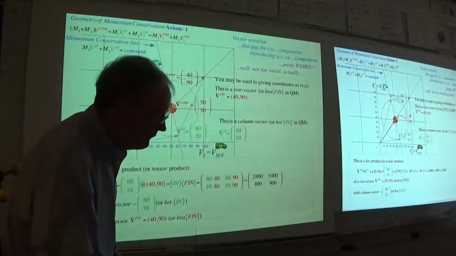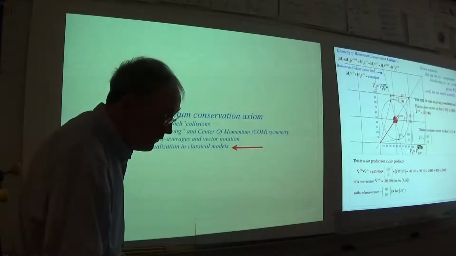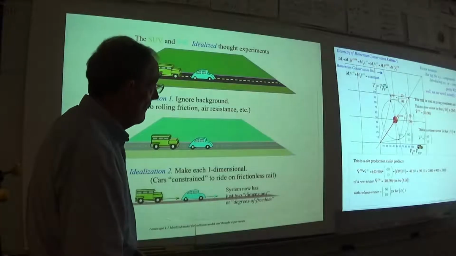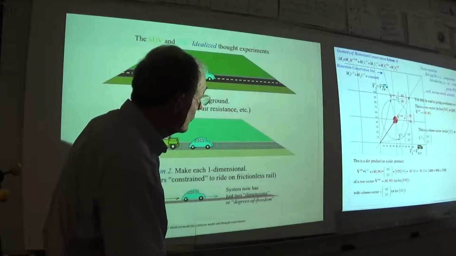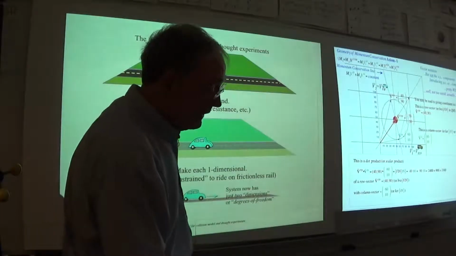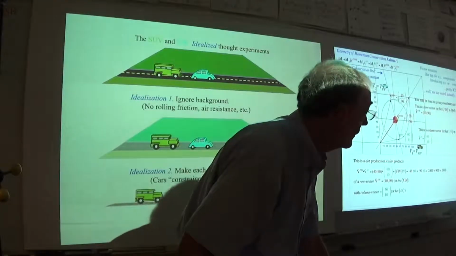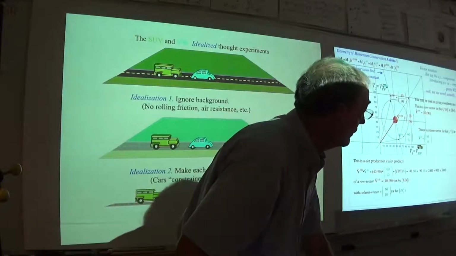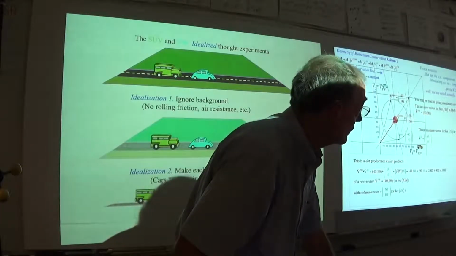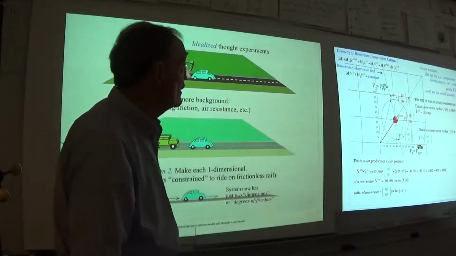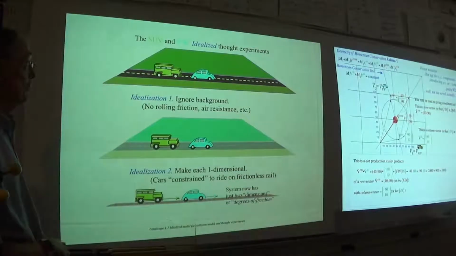Also, it's very powerful. You have to be a little bit cautious with it, and that I'll come to in just a minute here. But there's something else that you have to be cautious with, and that is idealization. In order to make progress in physics, we often have to assume things that aren't quite true.